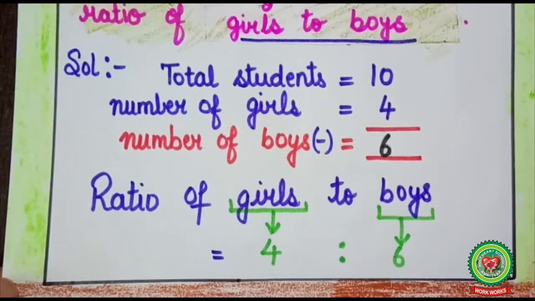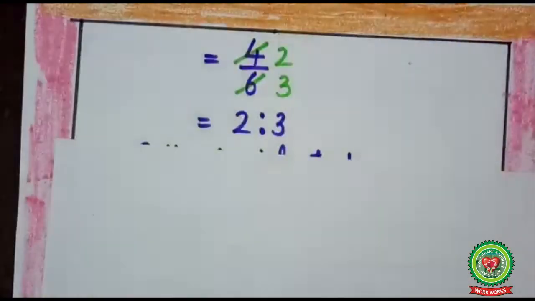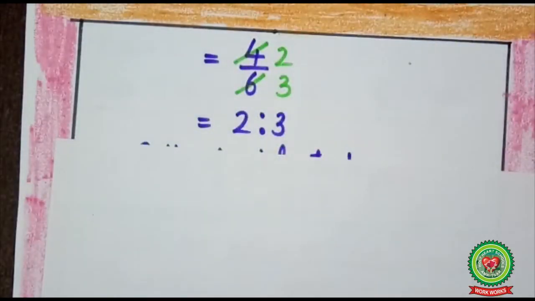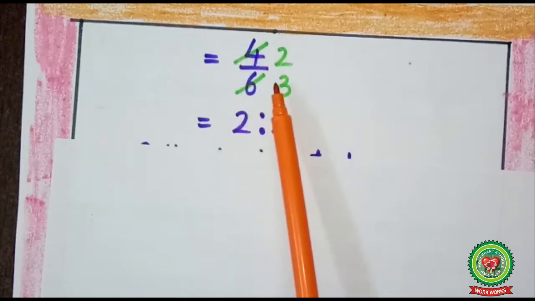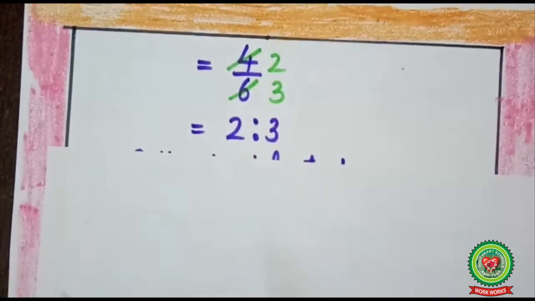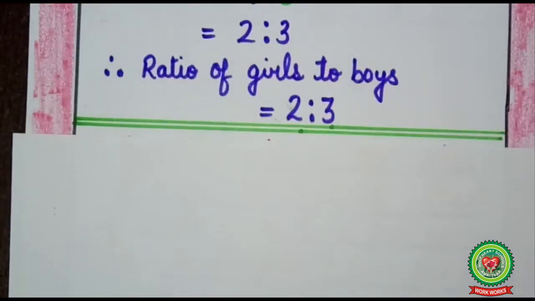So, we will change it into fraction form and do cutting to convert it into simplest form. So, here it will come 4 upon 6 and cutting is possible by the table of 2. So, here it is coming 2 2s are 4, 2 3s are 6. At the end, the ratio of girls to boys is 2:3.